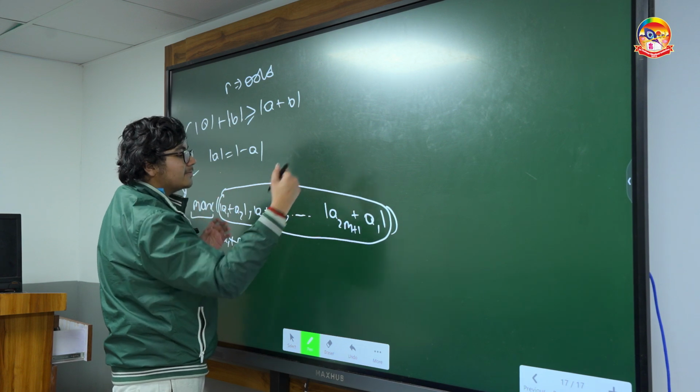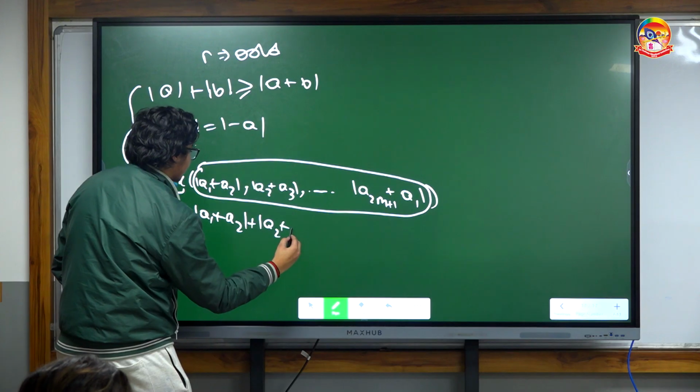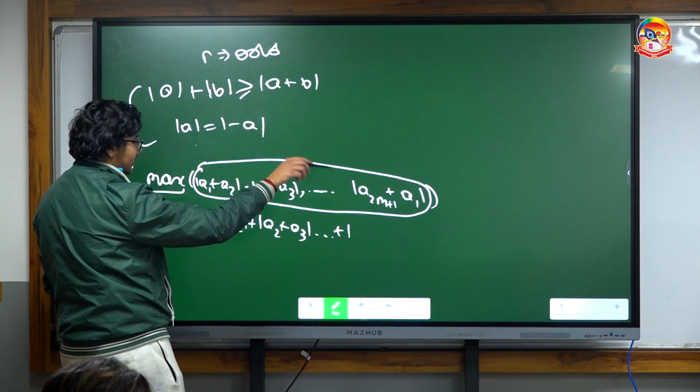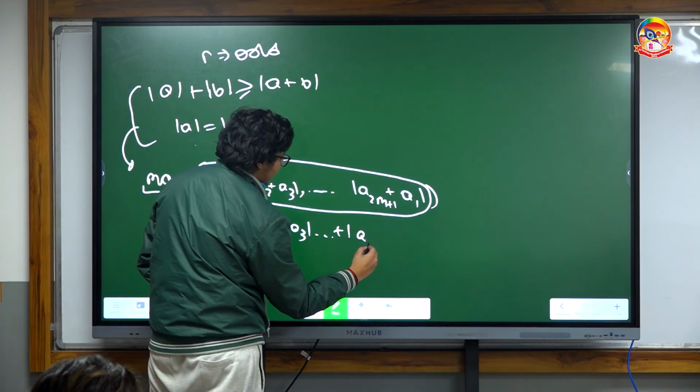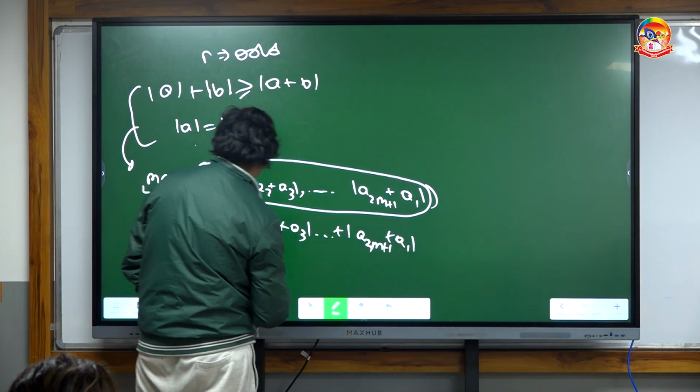So the maximum will be bigger than or equal to the arithmetic mean. Equality holds when all the values are equal. The mean is the sum of these terms, up to A2m plus 1 plus A1, divided by 2m plus 1.